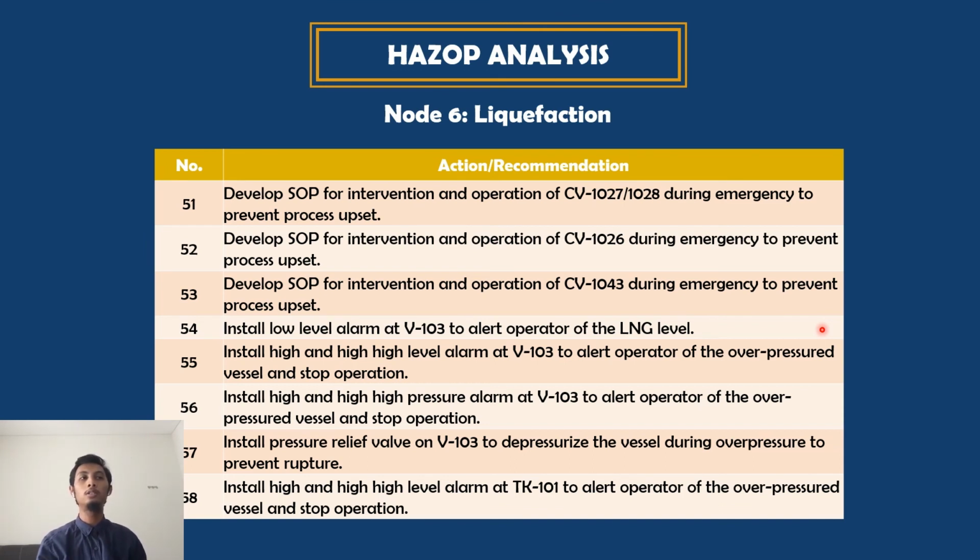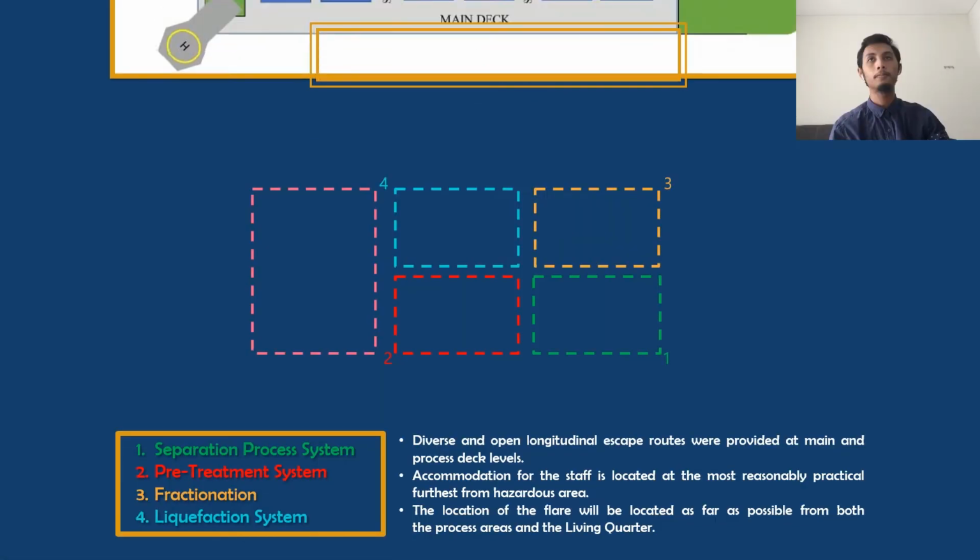This is the common recommendation given to all the unit operations in the plant. Okay. The detailed and complete HAZOP can be obtained from the full project report, and it is also included at the end of this slide.